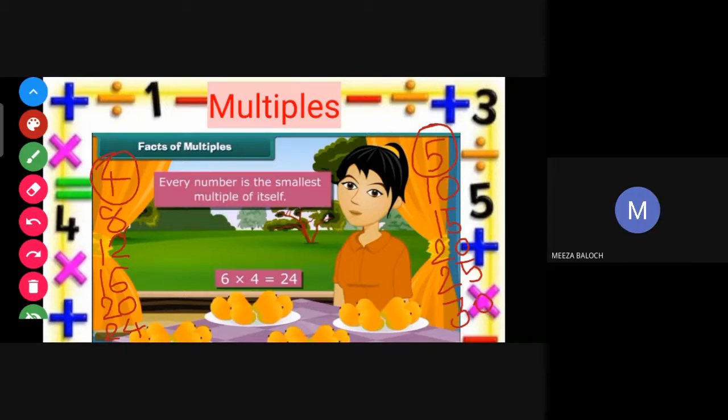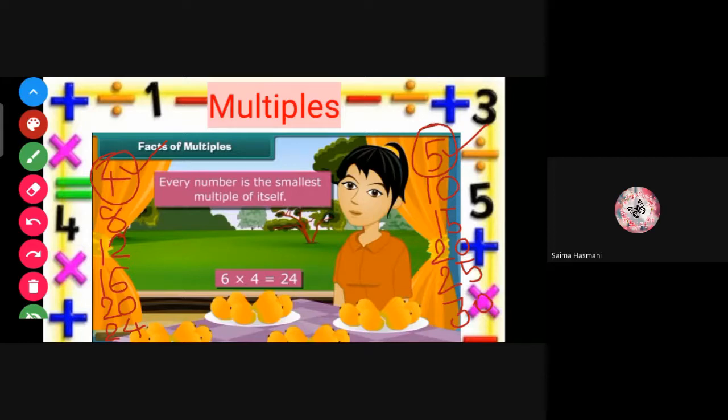Every number is the smallest multiple of itself. Means if we are making a list of multiples of 4, then 4 itself is the smallest multiple. Here also in 5, 5 itself is the smallest one. Okay, understood this fact? Points to remember.